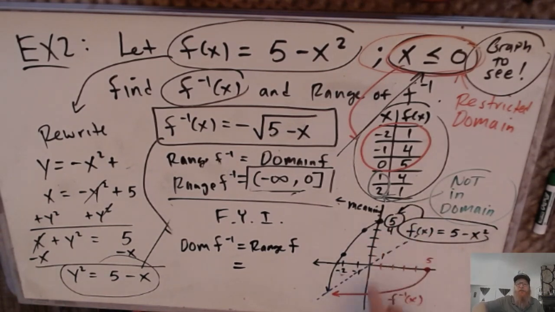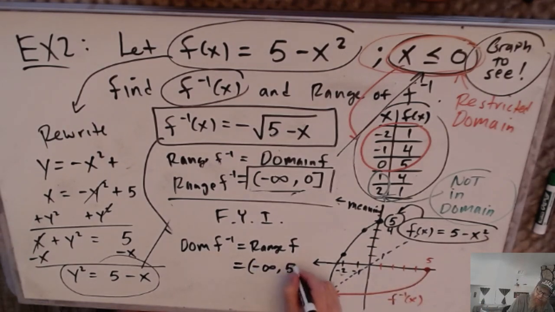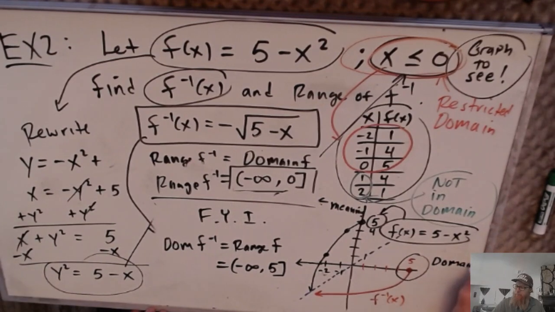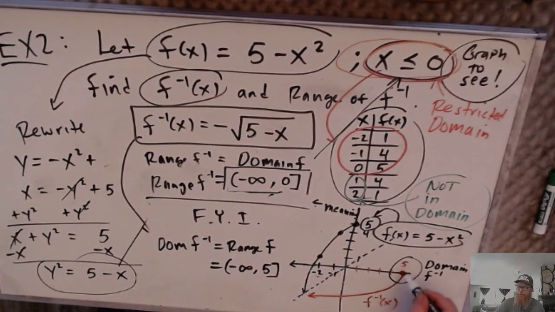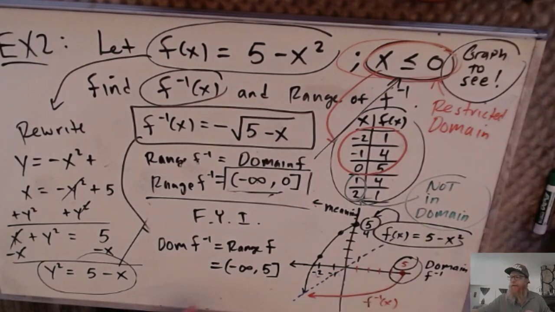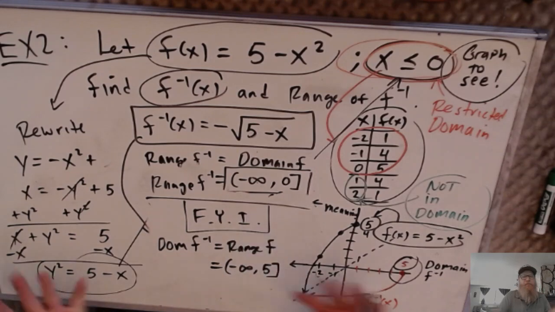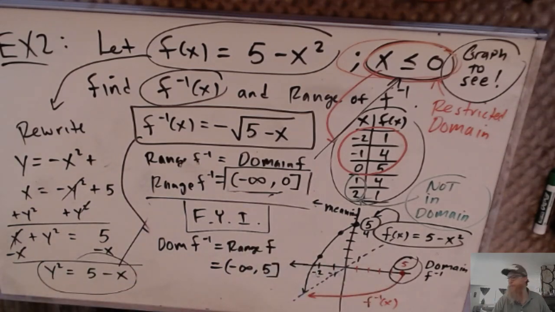The range of f is from negative infinity to 5. That's the same as the domain of f inverse. Yeah, see, it goes all the way to 5. It goes from negative infinity all the way over here to 5. Okay, and again, this question didn't ask that, but I thought you might want to see it just to wrap up the whole concept.